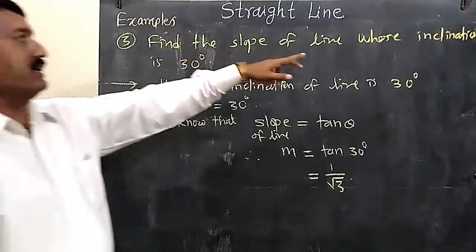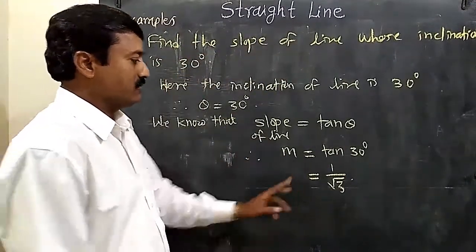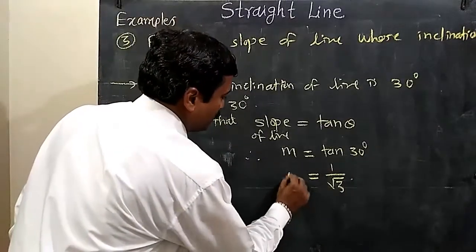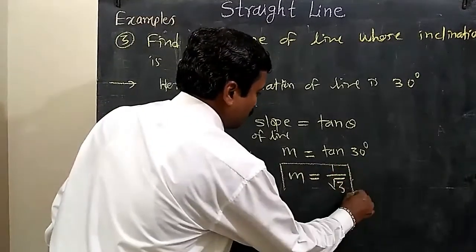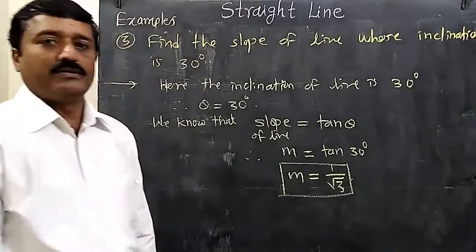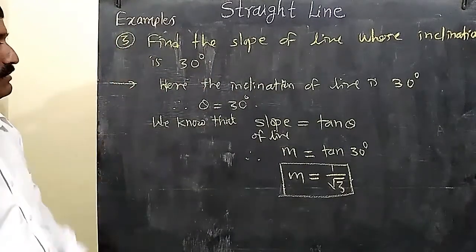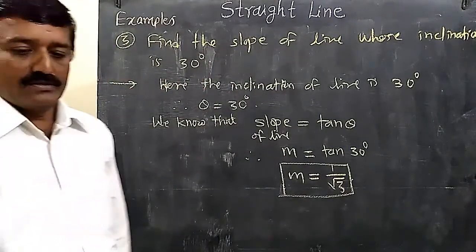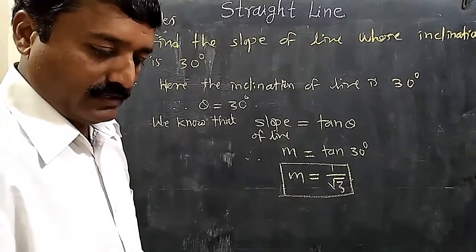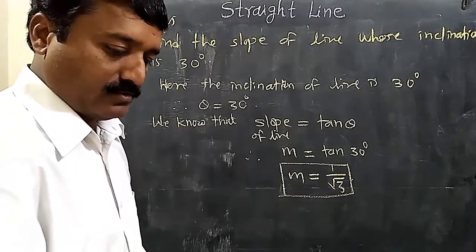So the slope of line whose inclination is 30 is equal to 1 upon root 3. So this is the slope of given line in this example number 3. So it's a very simple example. Let us solve one more.